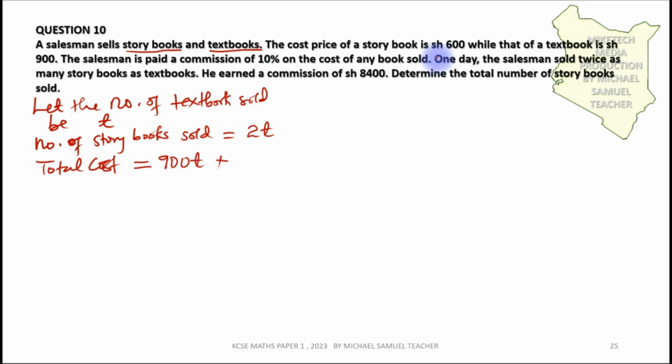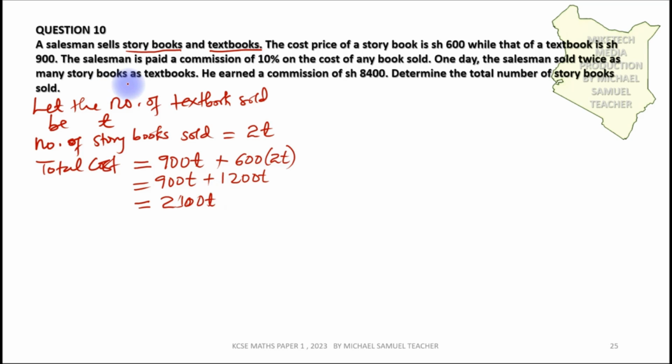One storybook was 600, so it will be 600 times 2T. So this will be 900T plus 600 times 2T, that is 1200T. So we end up getting 2100T shillings.